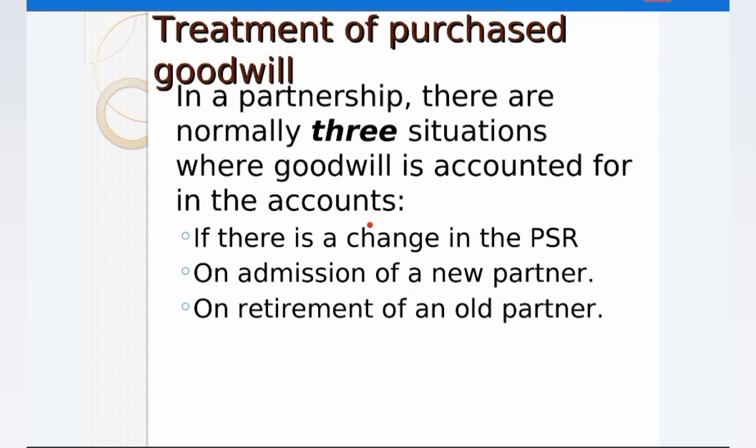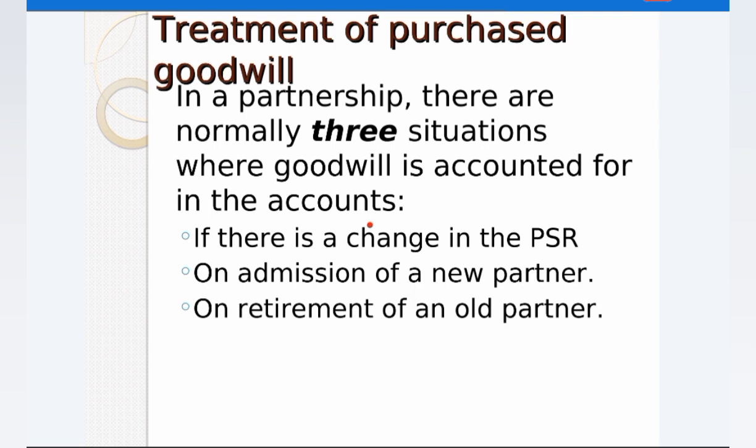So, we know if goodwill is created, and we are talking about the purchased goodwill. So, the purchased goodwill is created, and we have said the practice is to keep it in our books and write it off gradually. So then, when does this goodwill arise? When does it arise? And if it arises in any of those ways, how do we deal with it?